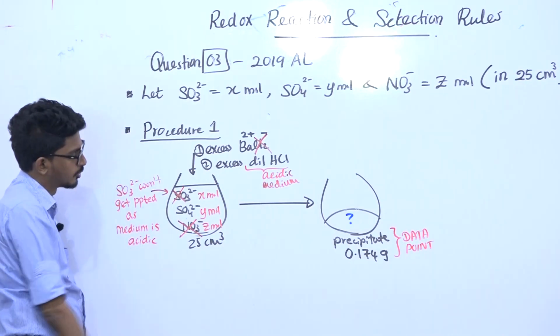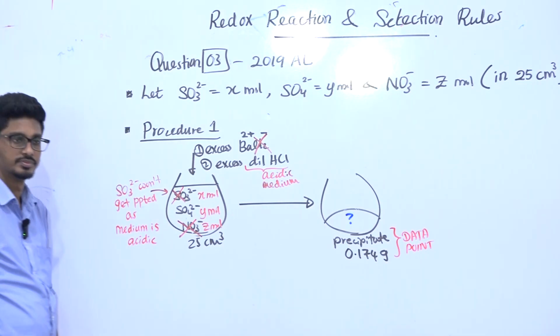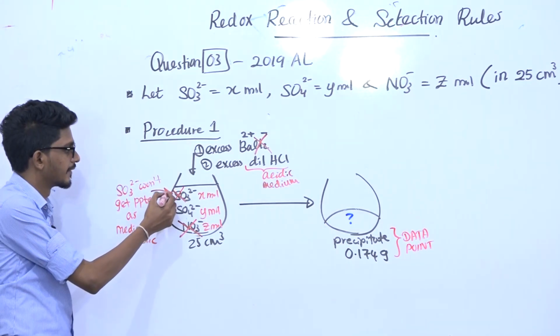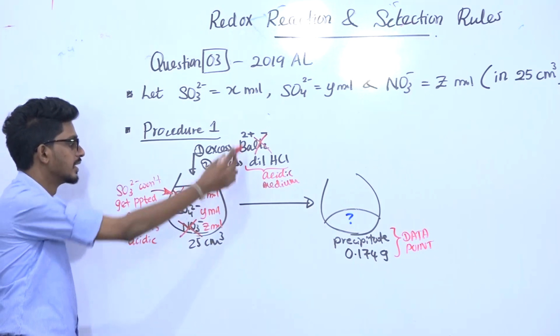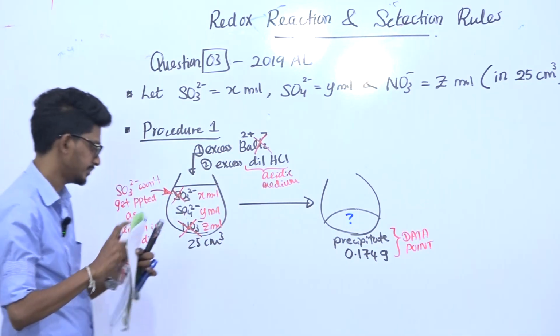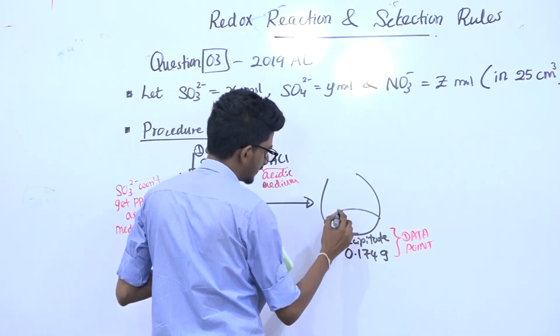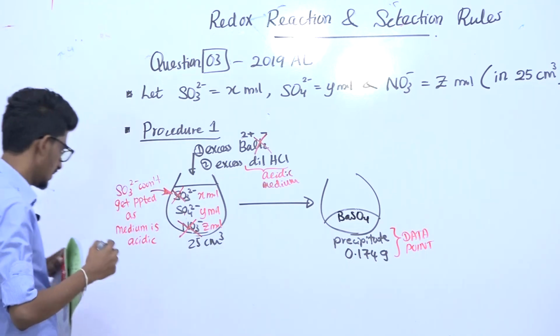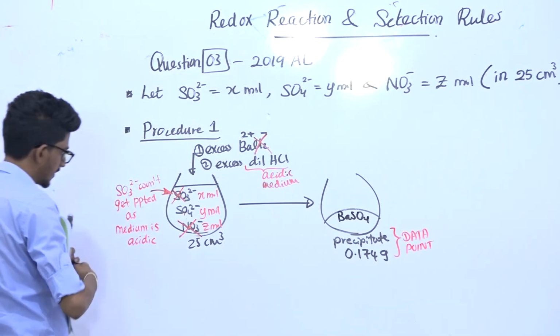In an acidic medium, only strong acid anions precipitate. So then the only precipitation available is the barium sulfate, right? So you have the barium sulfate here. So what is the reaction there?